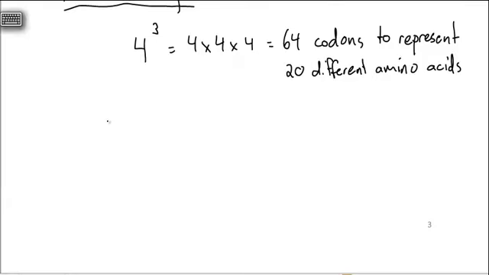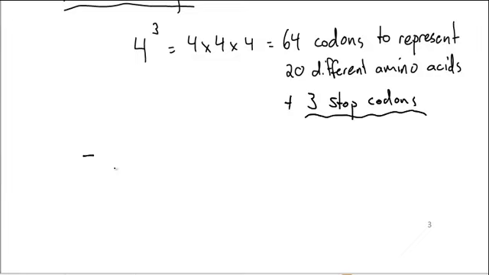But what this results in, first of all, 20 different amino acids, plus we have what's called 3 stop codons. These don't code for amino acids, they actually make protein translation stop, hence why they're called stop codons. So that still means we have 61 codons for 20 amino acids.